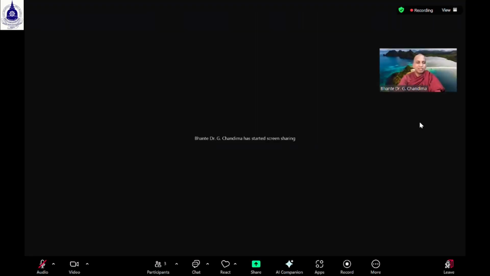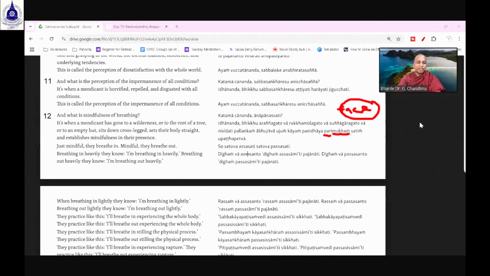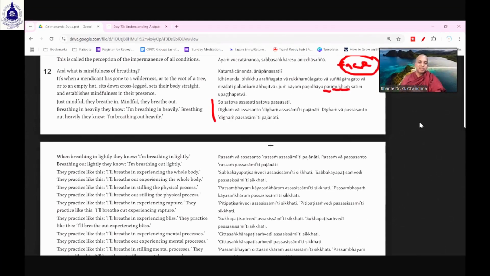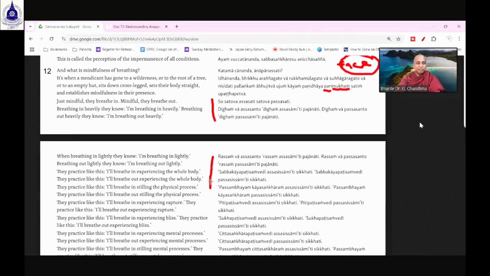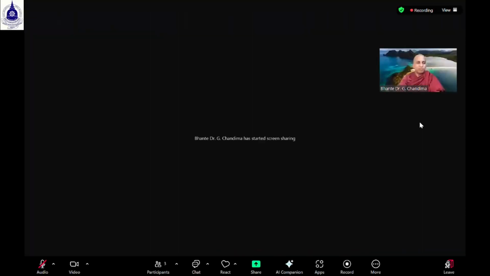Now let's look at how it was given under the 16 steps in the Girimananda Sutta. You can see here. Okay, long breath, short breath, then calming down the breath. So we will take the note at this point just to make it a little bit clear. Otherwise, there are lots of Pali words. Then we will understand that properly.